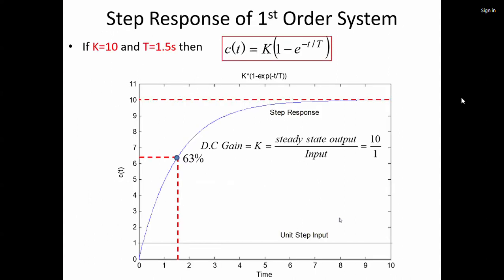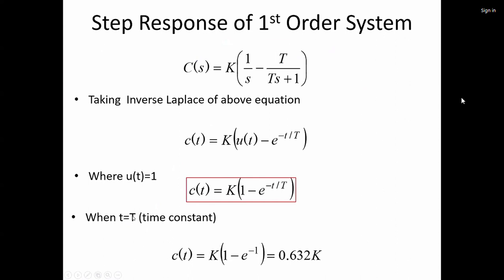What does it mean? Let's say we take an example where k is 10. That means the gain is 10 and the time constant is 1.5 seconds. When 1.5 seconds have elapsed, your small t is 1.5 seconds, which is the same as the time constant.